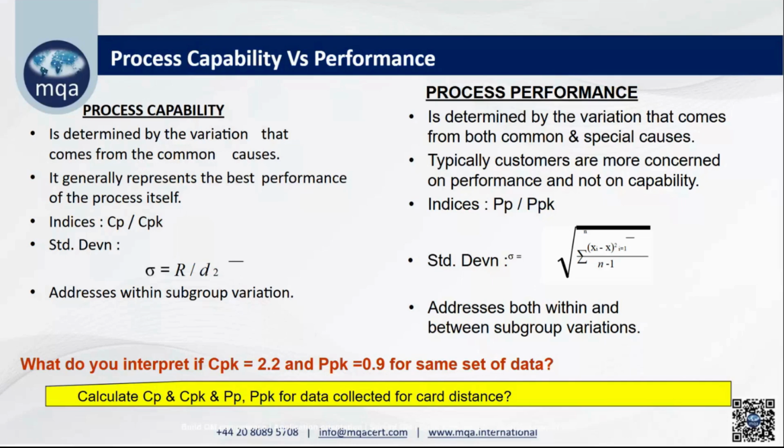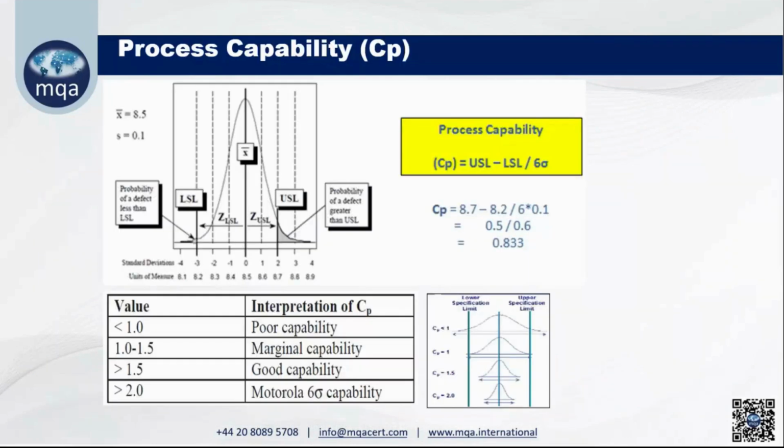Okay, yes. So process capability. Now we know CP is equal to tolerance upon 6 sigma. So here the process capability is 0.88, 0.833. Less than 1 is poor. Now see the chart here. The process capability is 2.